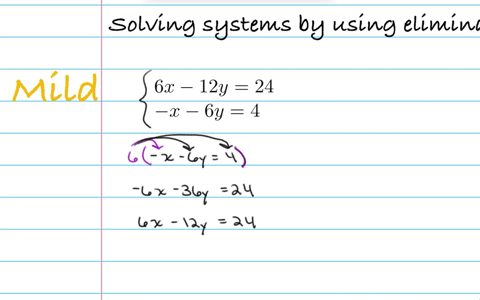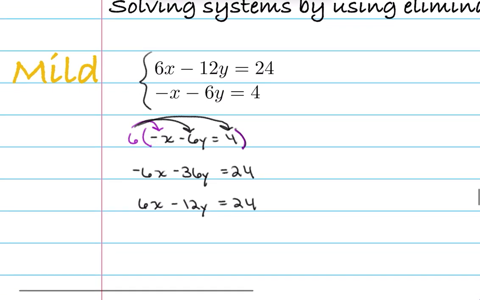Okay, so here comes the addition part, why it's called the addition method. I'm going to add the two equations together and watch what happens. Since I have a negative 6x and a positive 6x, same number, opposite signs, when you add those together, they cancel out, they eliminate, and it just gives you a 0, right?